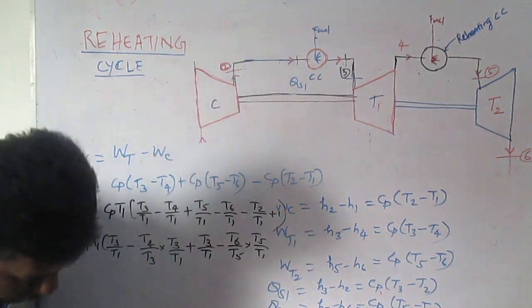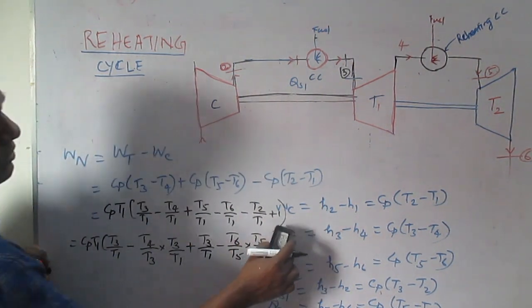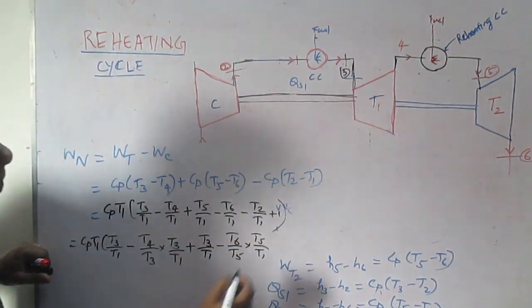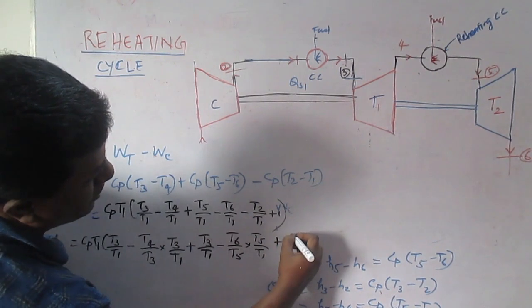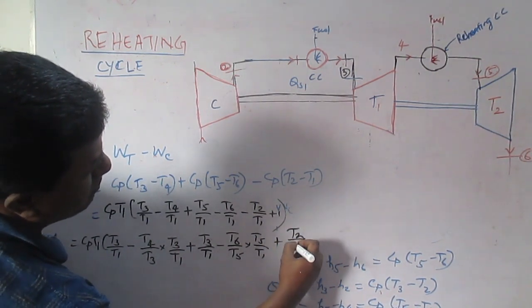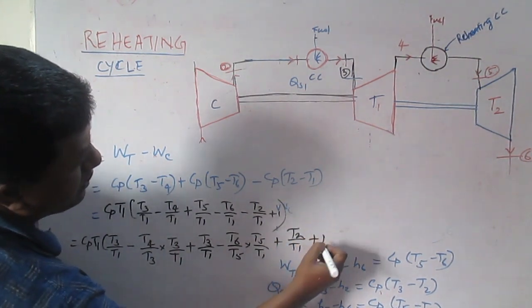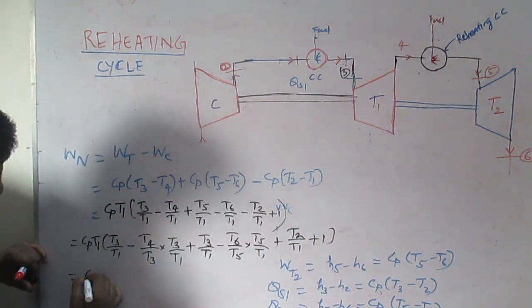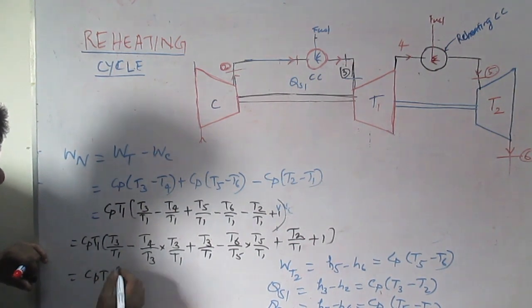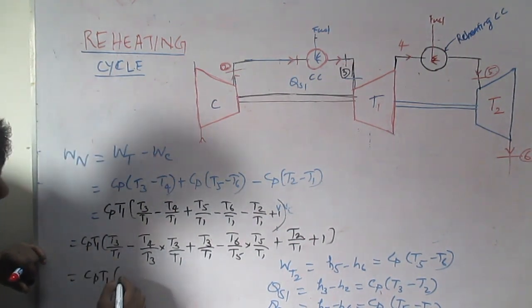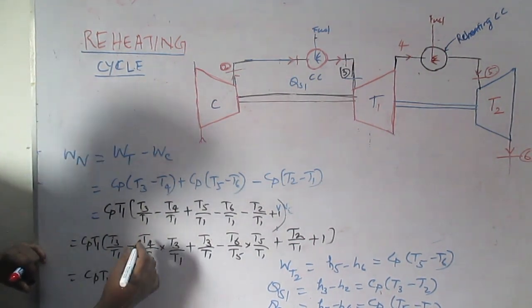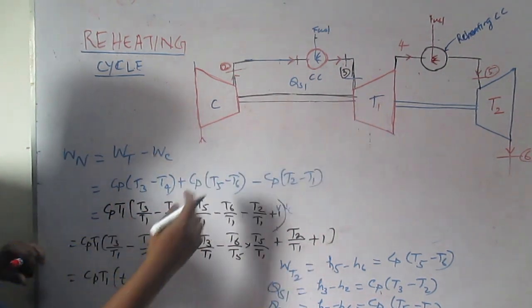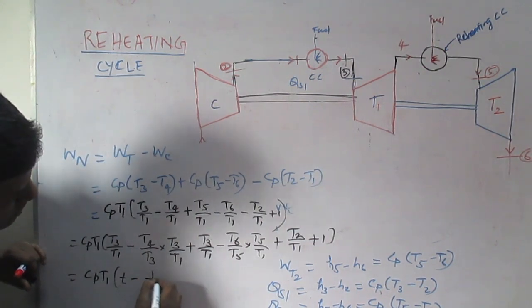Then plus T2 by T1 plus 1. So this is how it is going to change. Now Cp into T1 into T3 by T1, nothing but T, minus T4 by T3, we have seen, nothing but 1 by C1.